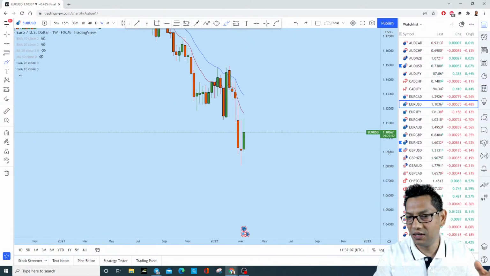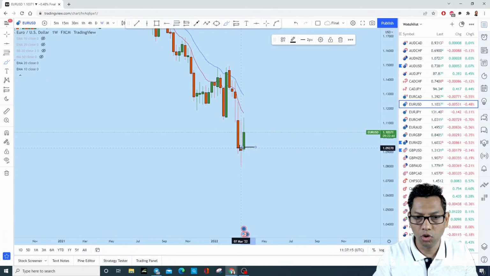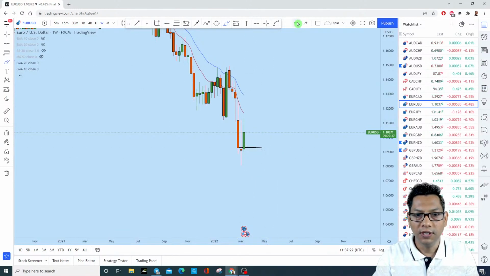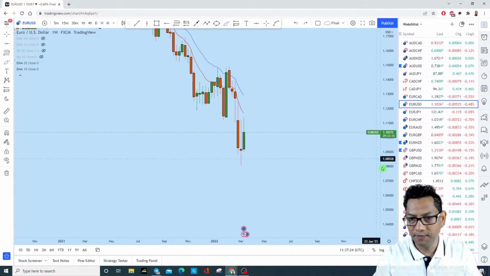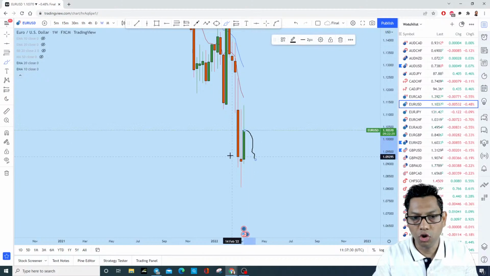Now let's see, still 9 hours to go, but highly likely that this current week, later today, euro dollar might drop somewhere here, and in the new trading week we could see another push. So let me explain again. Later today, we could see highly likely that euro dollar is dropping somewhere here, closing as a shooting star weekly candle.